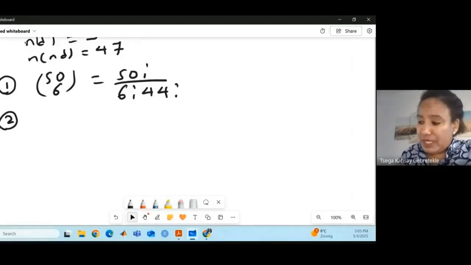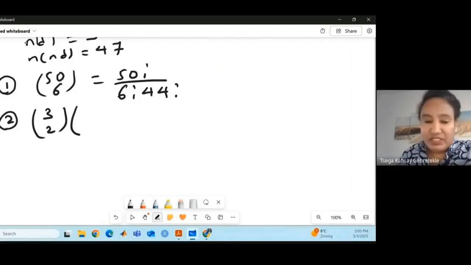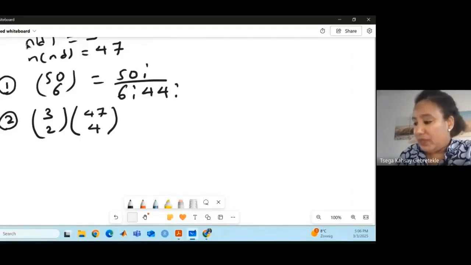What if we want to select 2 defectives? From the 3 defectives, we want to select 2. And from the 47 non-defective, we want to select 4 because we are going to select 6. So 2 plus 4 will be 6. And then we multiply.